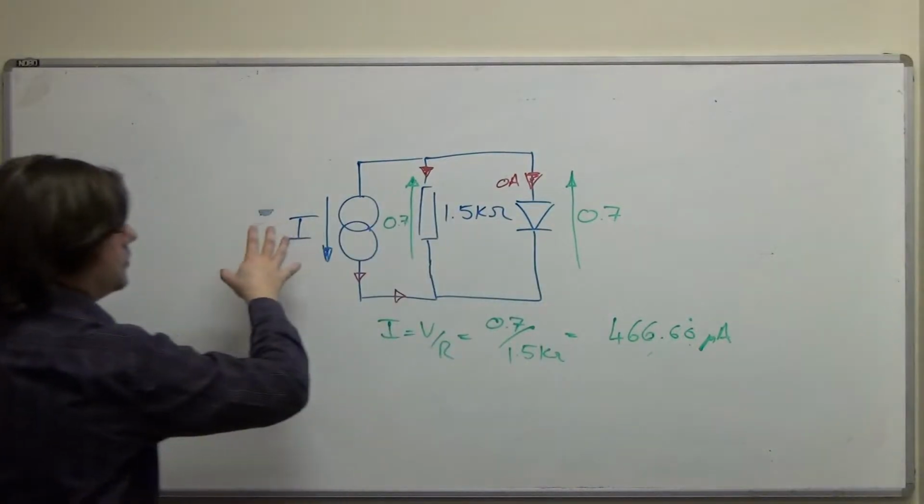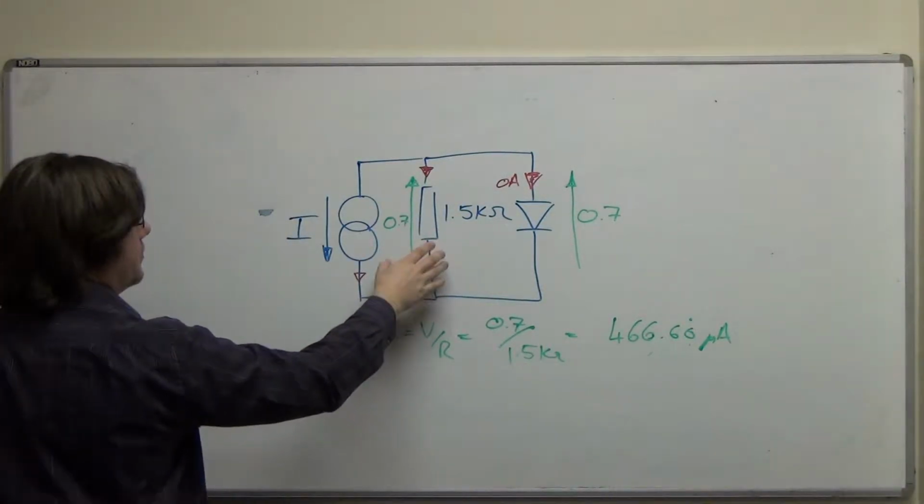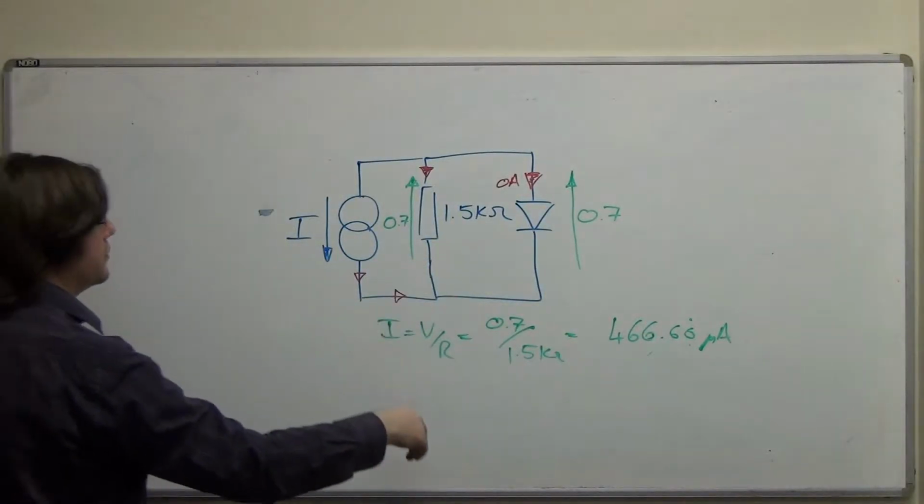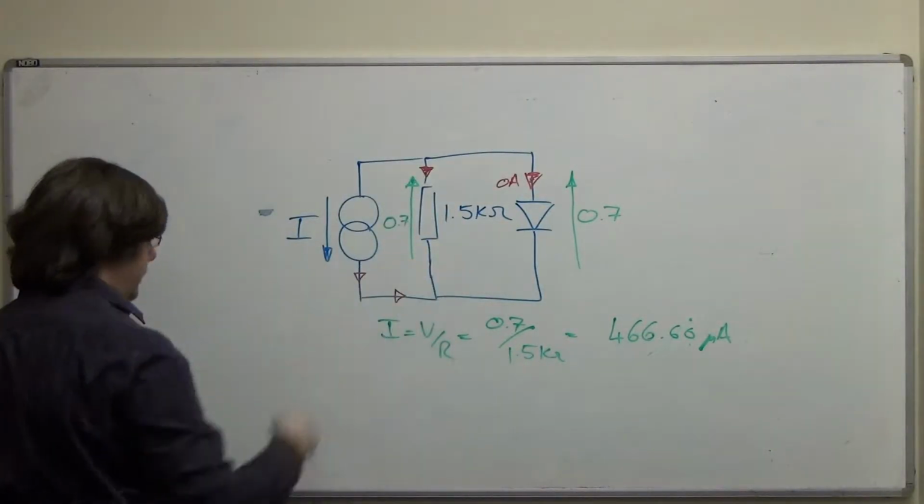So we have to work this way. What we found out is that there must be some current in the resistor, and it's 466 microamps, and it has to be flowing down the page.